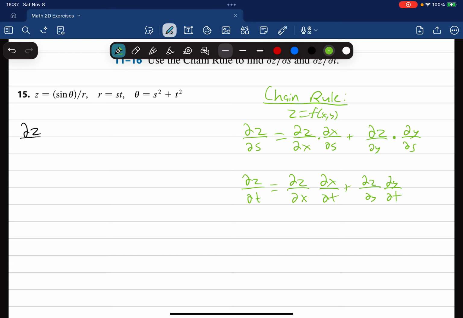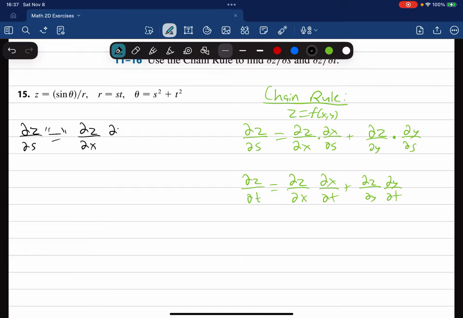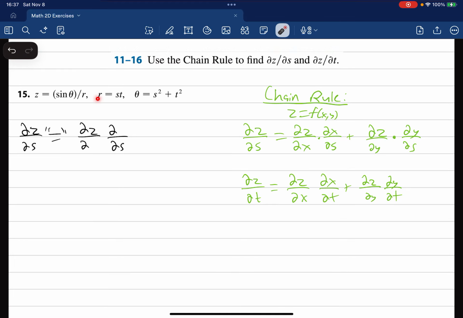So again, notice how what I'm doing is I'm taking the partial derivative I want, and in quotes, I'm just multiplying and dividing by the intermediate functions. So here, actually, let me not use x. Let me use r and theta instead, because those are our intermediate functions here.